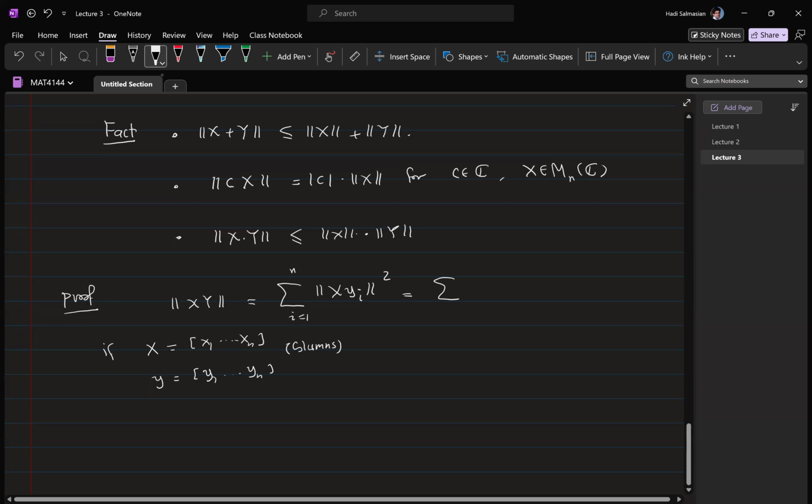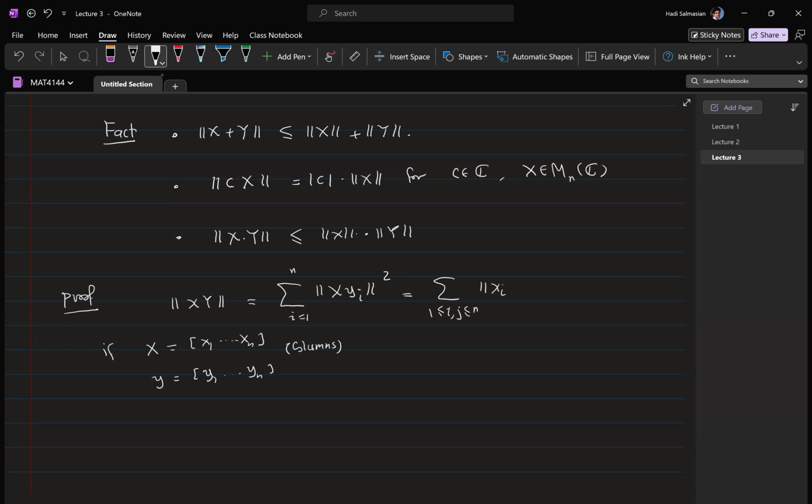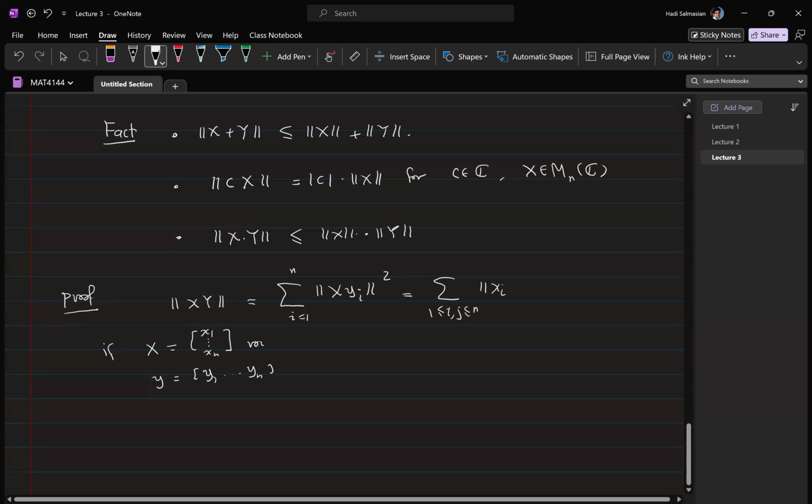So you actually get a double sum. Maybe I should have chosen these to be the rows. So these guys are the rows of X, and these guys are the columns of Y.